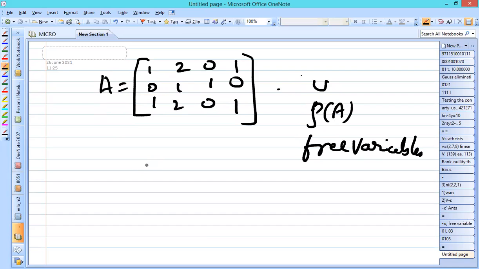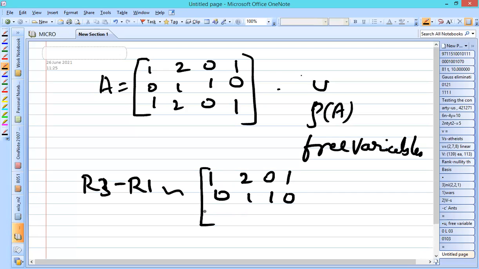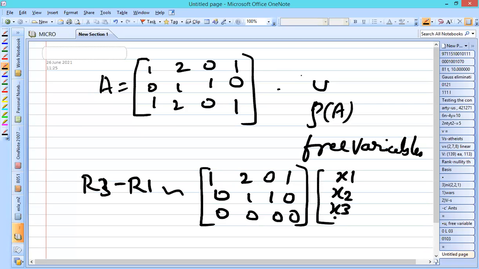So here apply the various transformation functions. I'll perform R3 minus R1. If you perform R3 minus R1, what will it result in? 1, 2, 0, 1 will be there, and 0, 1, 1, 0 will be there. Third row will become 0, 0, 0, 0, multiplied with, since 4 columns are there, 4 variables you are going to write, x1, x2, x3, x4.